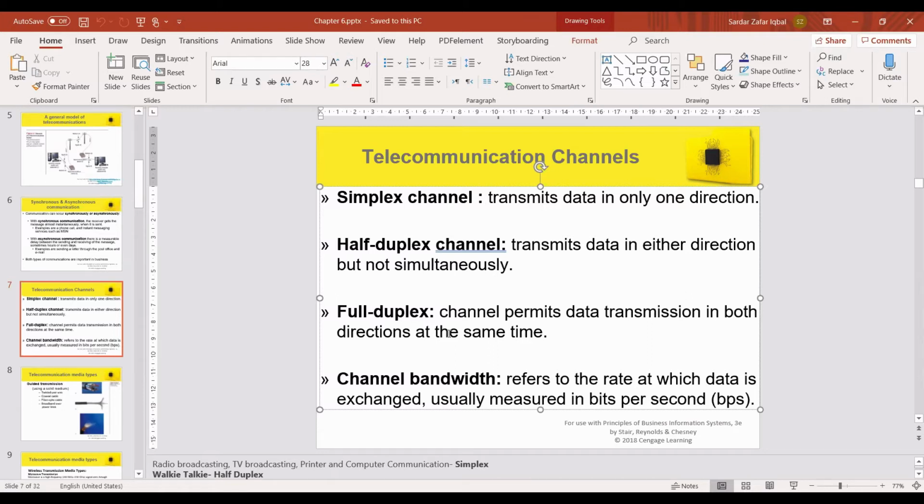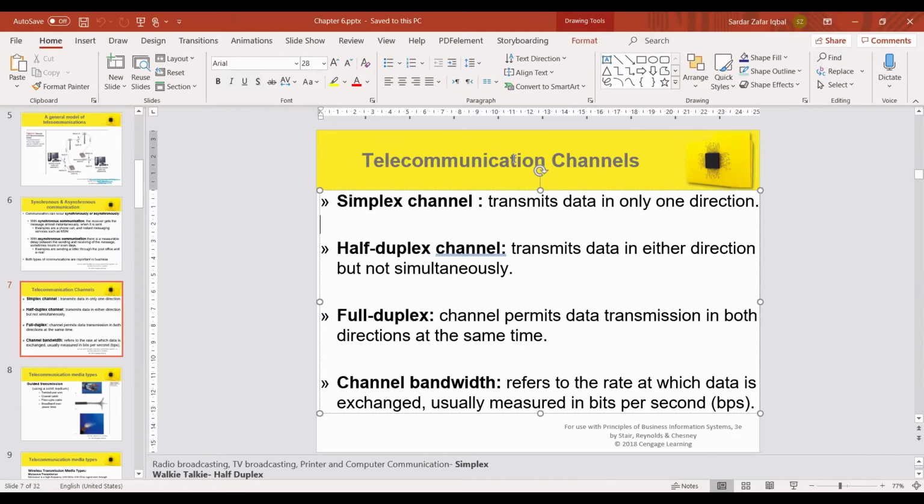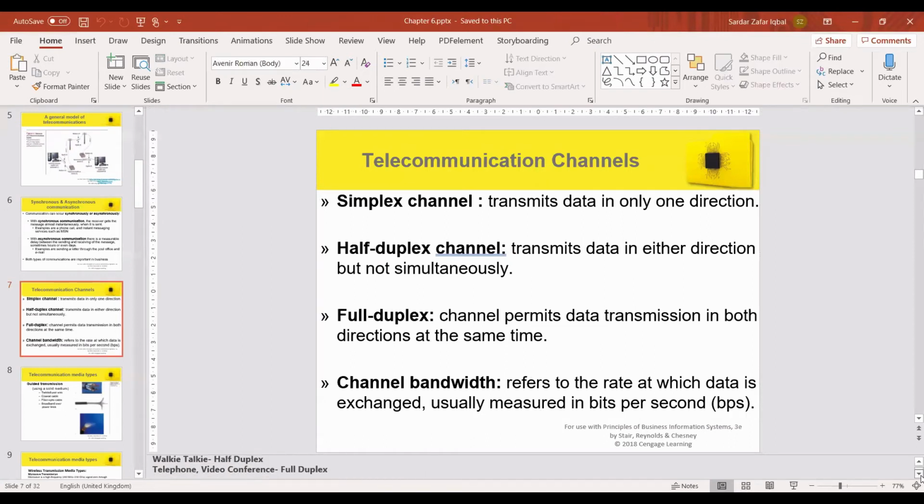Can you give me any example for this? A remote. Remote controller.